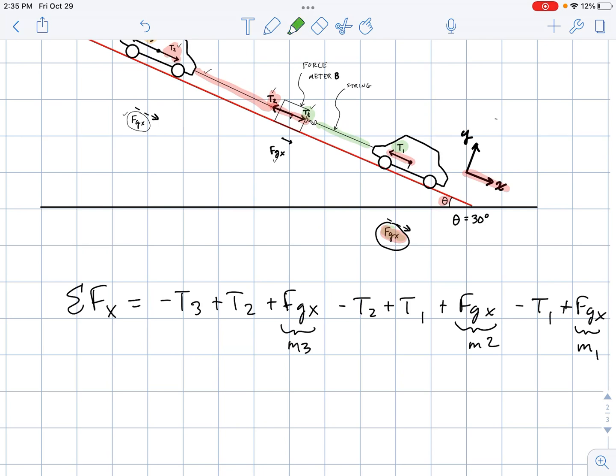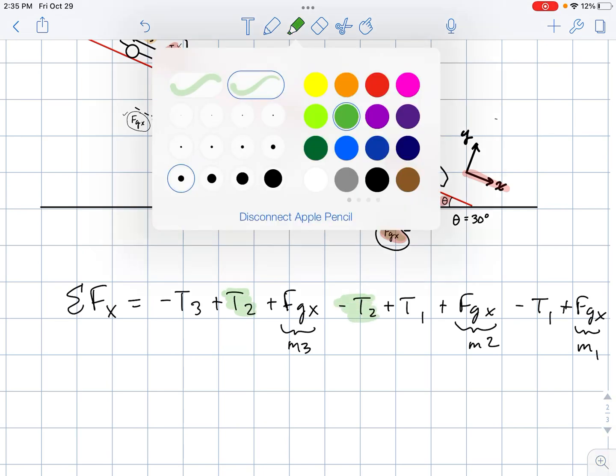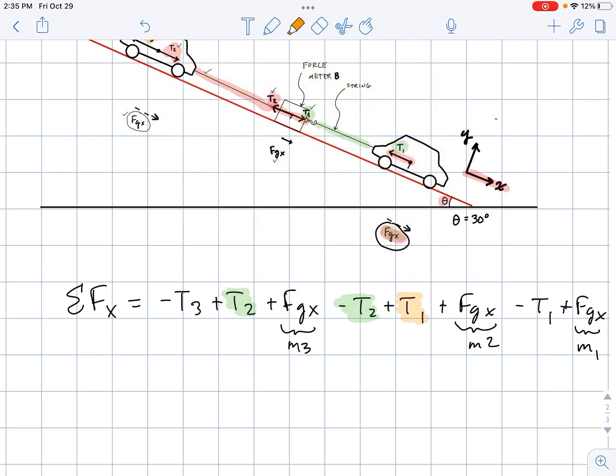But look what we have here. We have positive T2, minus T2. We have plus T1, minus T1. Right, so those end up adding up to 0 if you subtract and add the same thing.